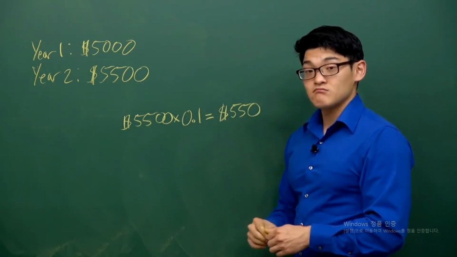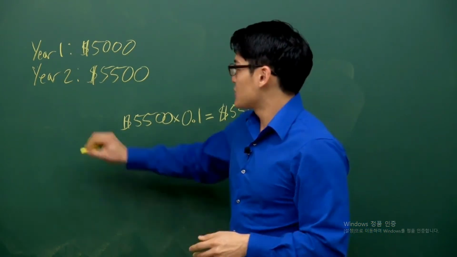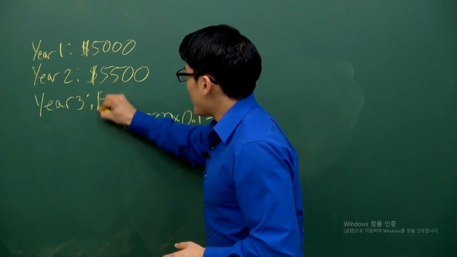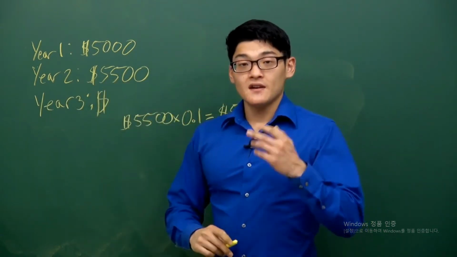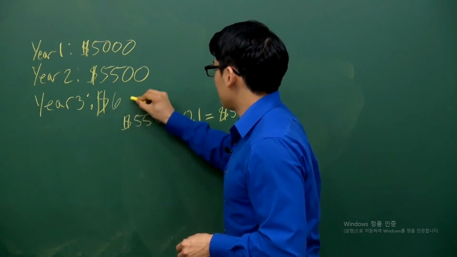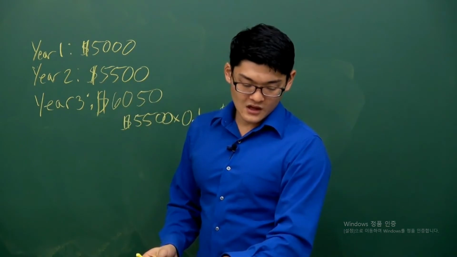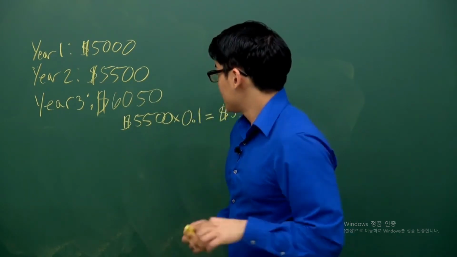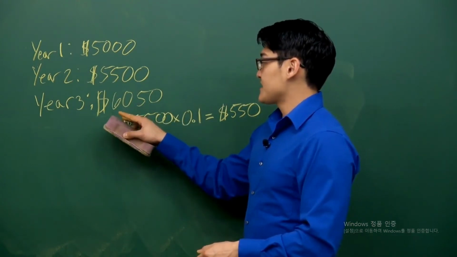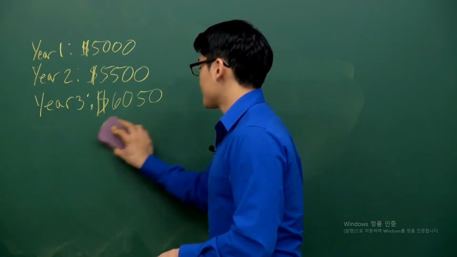So we're going to add that to the year 2 rent to see how much you'll pay for year 3. So 5,500 plus 550 is going to be $6,050. So this is how much he's paying for year 3, $6,050, year 2, $5,500, and year 1, $5,000.